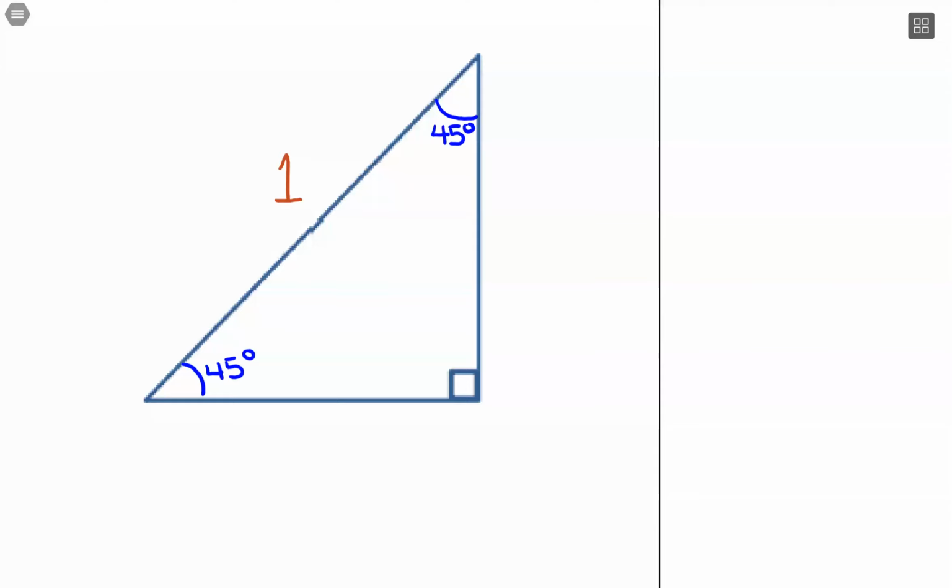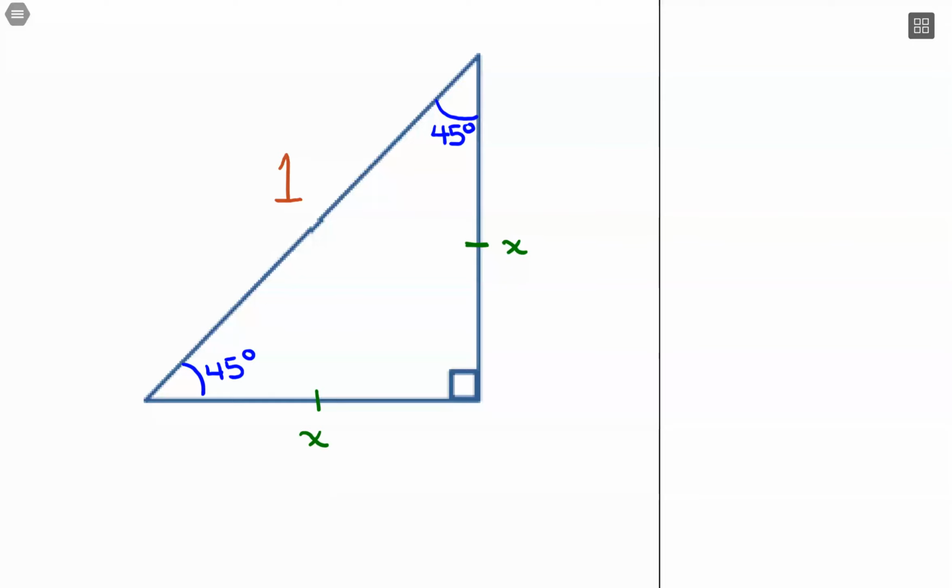Now, a triangle that has two of the same angle measurements is called isosceles, and that means that these two unknown side lengths are exactly equal to each other. So we have these same side lengths showing up, and we don't know what they are yet, so for right now, I'm just going to call them x, but I need to solve for them. But since they're the same, I get to use the same variable for both sides.